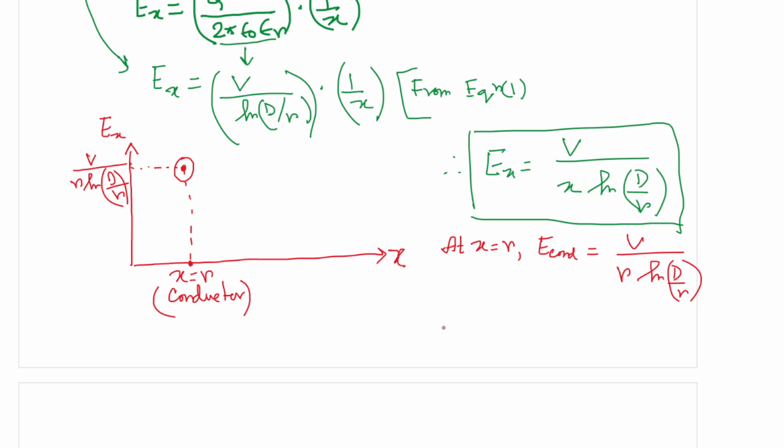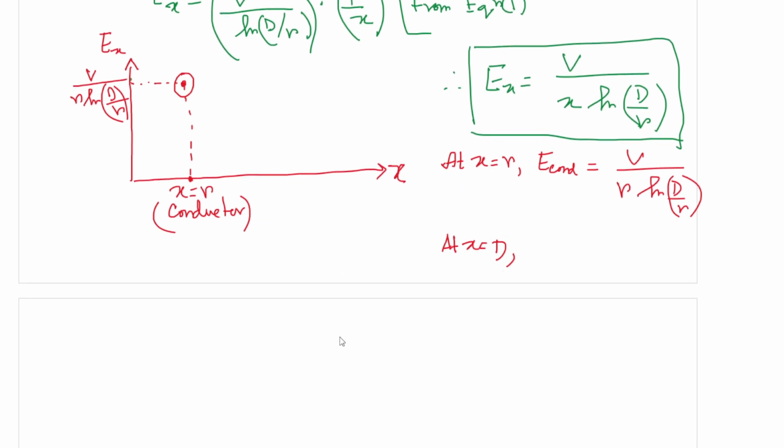On the other hand, at x equal to capital D, that means we are at the dielectric surface. So that value should be V by, in place of x we should write D, D ln D by r.